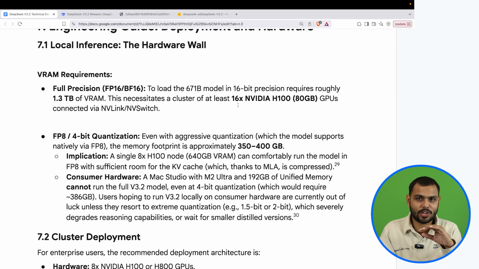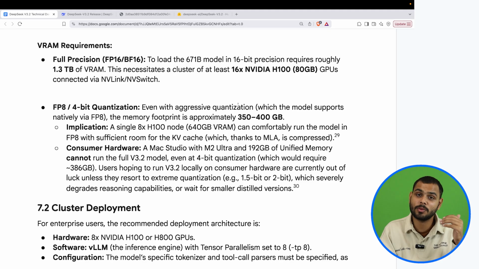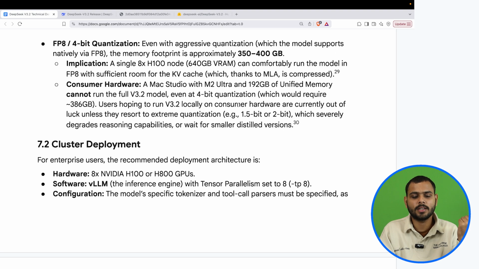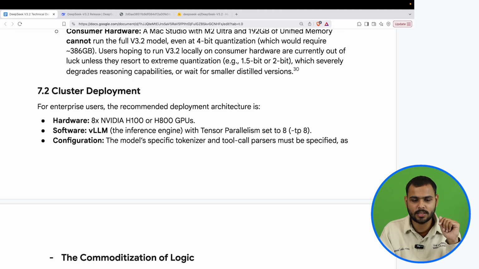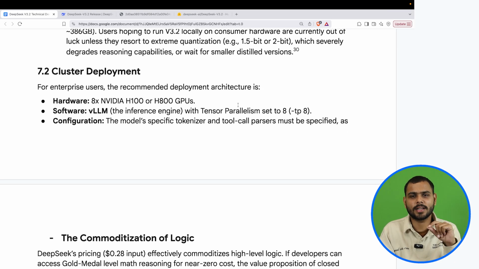That's a lot of money to get inference from this model. Even if I perform quantization on it, going for lesser precision, it will still need 350 to 400 GB, which again we cannot use on our system. But you can get the same thing through third-party companies that are hosting it, and through APIs you can easily access it. You can also access it directly through the DeepSeek servers.